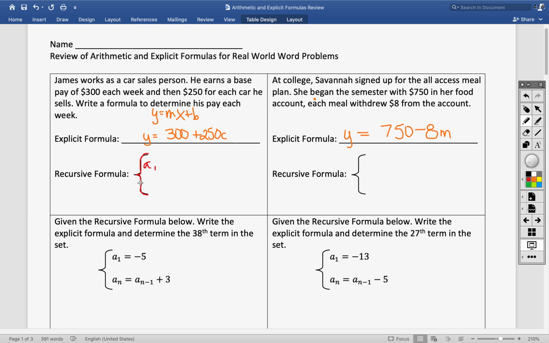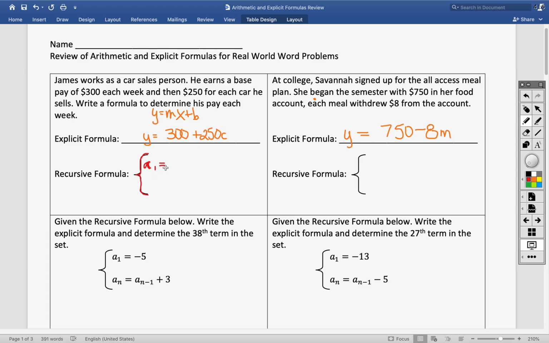So this would be the set of numbers. This symbol means the first number in the set. So A simply means the first number in the set. So the first number in the set is equal to.